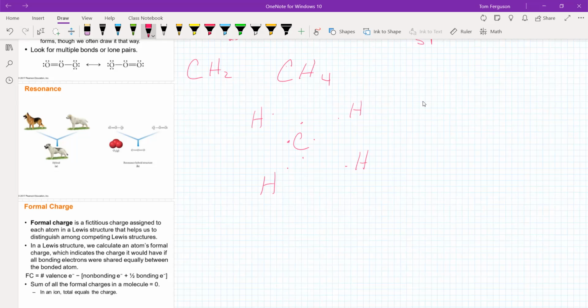Okay, so in this case, we have 8 valence electrons. So step 1, hydrogen and the halogens are considered terminal atoms. That means they always go at ends because they only have 1 free electron. So terminal atoms always go at the end. So we have a total of 8 valence electrons. Everyone see how we got 8?